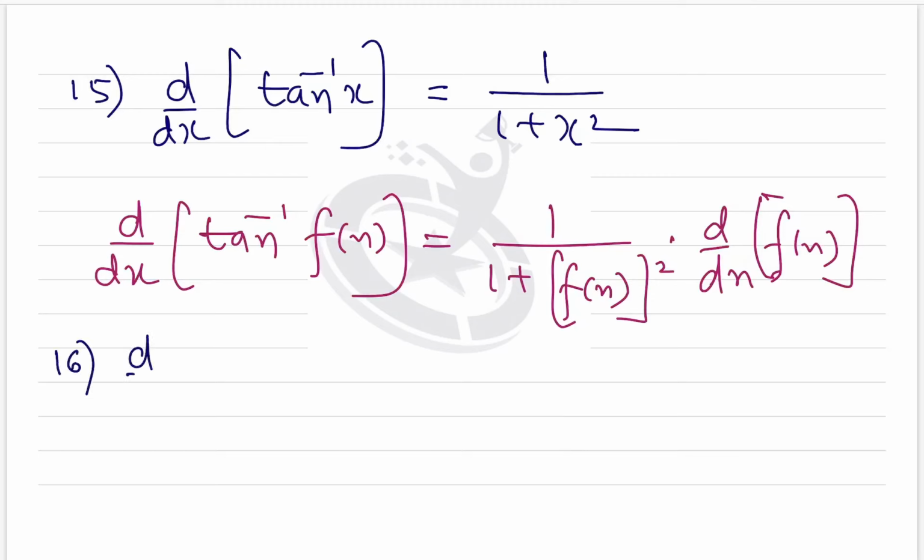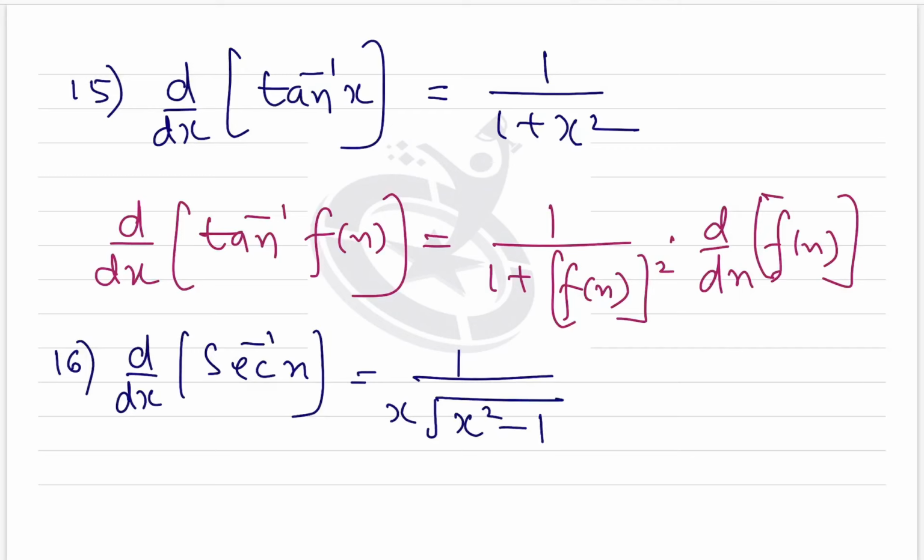The last formula was sec and cosec, right? So sec inverse x. Now sec inverse x, the derivative is 1 upon x into root of x square minus 1.